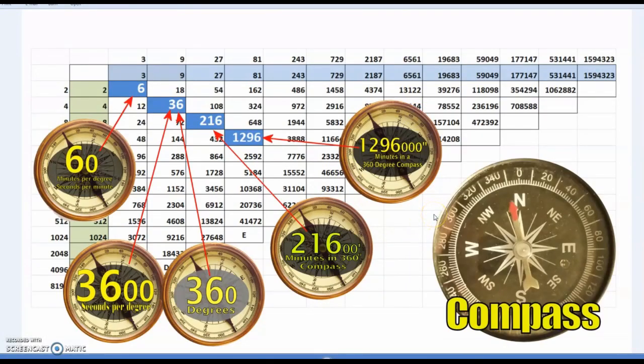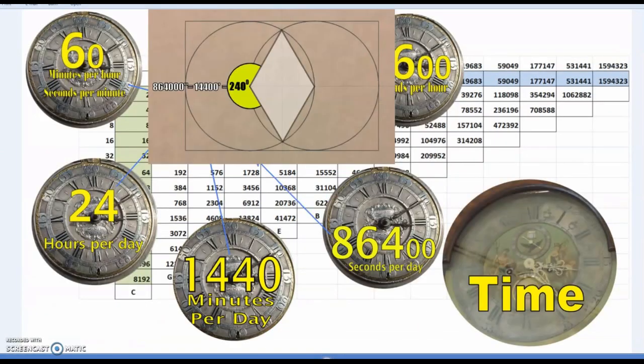But time, degrees. Now back to the vesica. Inside the vesica you have this diamond shape, which is really nice in regards to the square root of 3, but the angles that make this up, for instance 240 degrees, is 14,400 minutes, or 864,000 seconds.